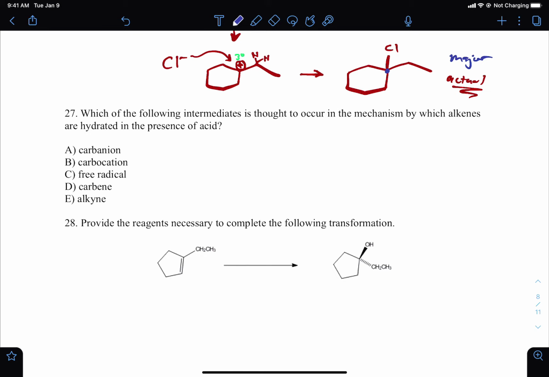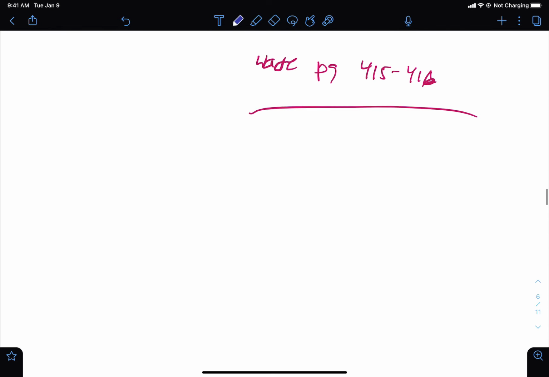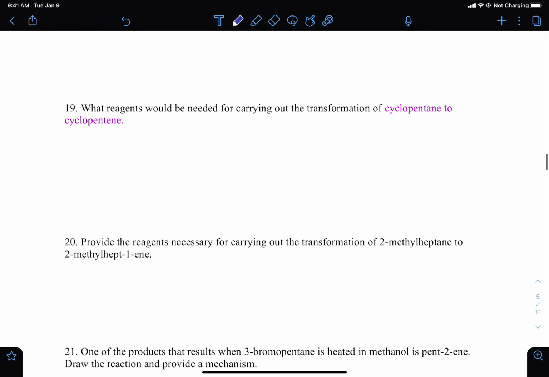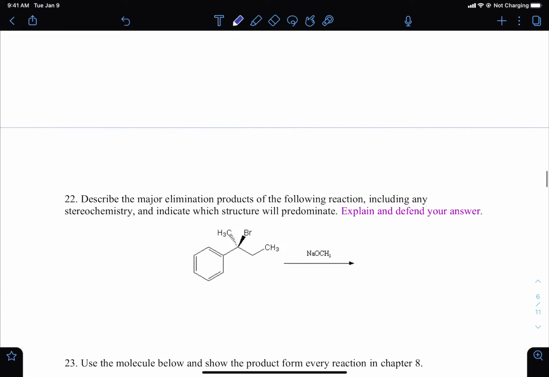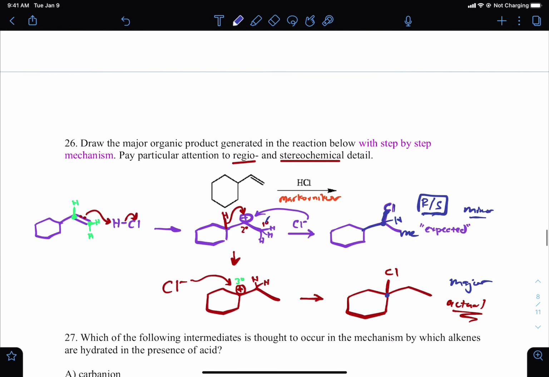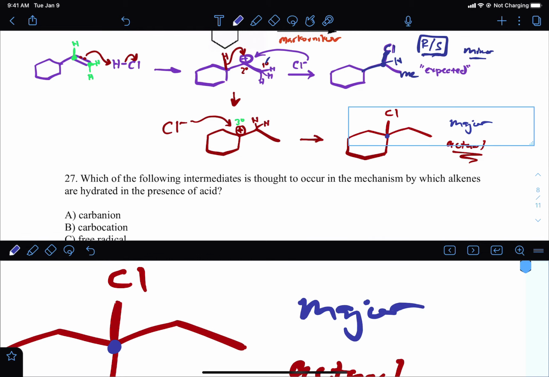So we did that already. We can go back here. Didn't we? Oh, I don't remember. Anyway, let me go over that mechanism here. Alkenes are hydrated in the presence of an acid. So that would be something like this.